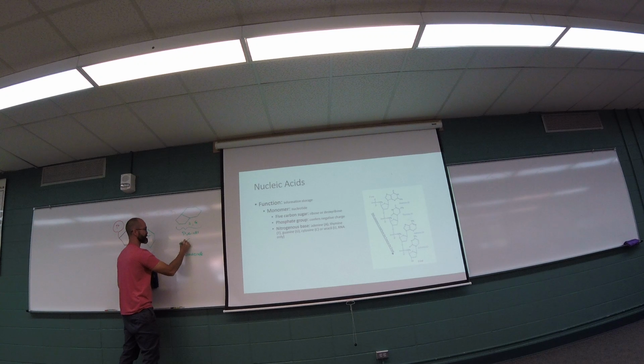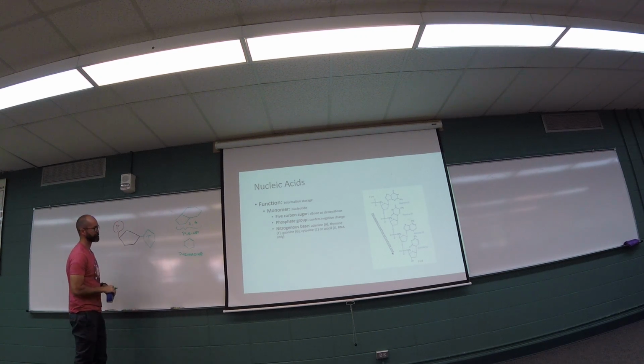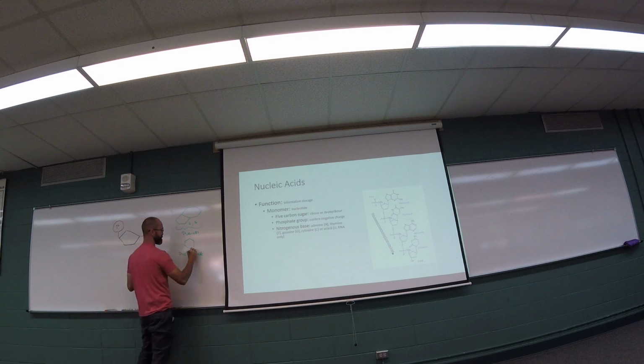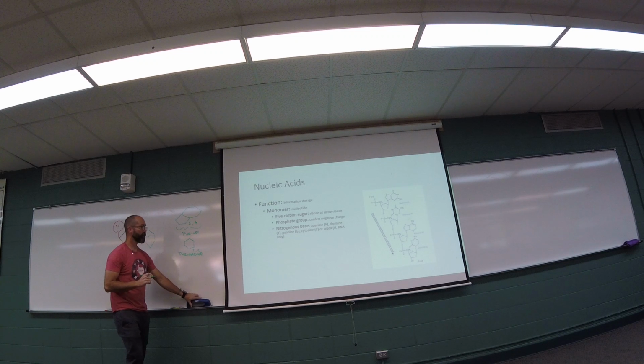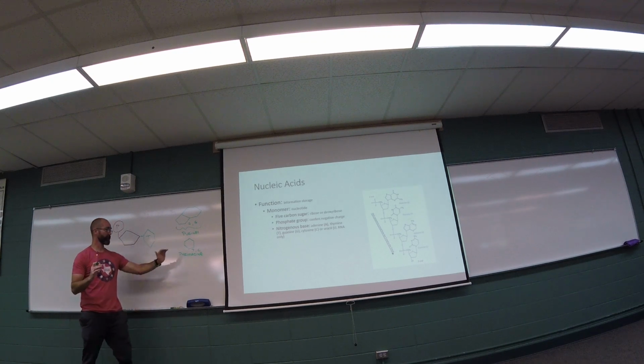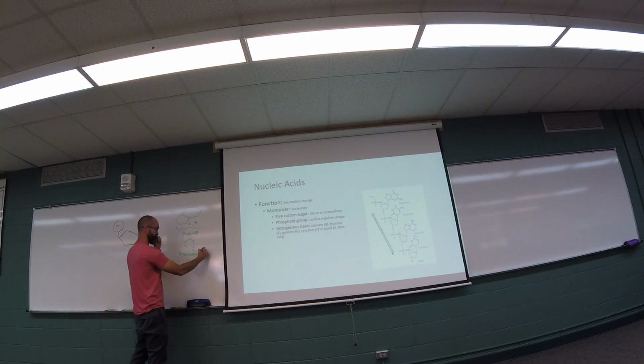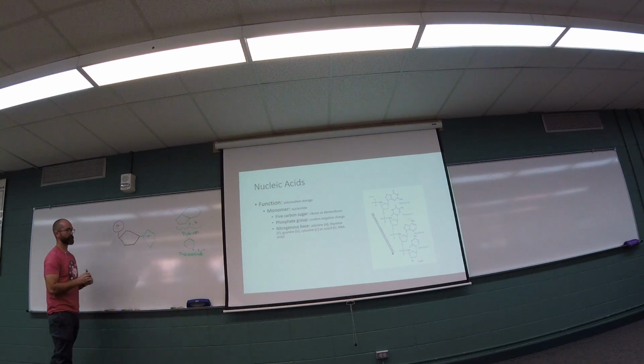Pyrimidines are just a 6-member ring, like that, and these are either going to be T or C. Or in the case of RNA, they don't have T, so instead they have uracil, which is U.